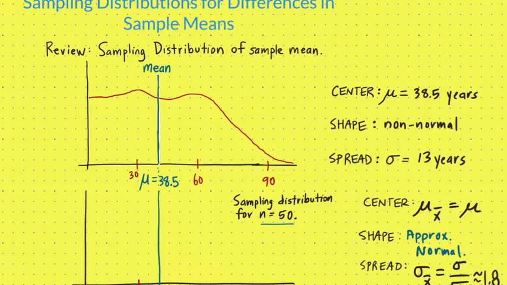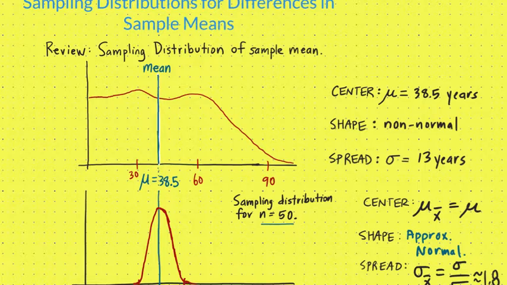So my graph got really narrow here. 33 to 44 is going to be the entire bell curve. Almost. Remember, 3 standard deviations to the left and 3 standard deviations to the right pretty much includes everybody in a normal distribution. Not quite.